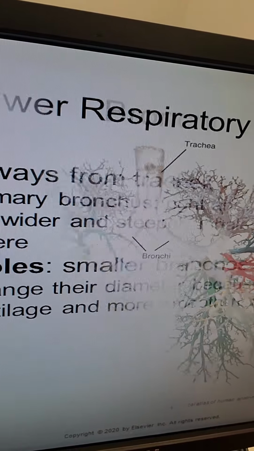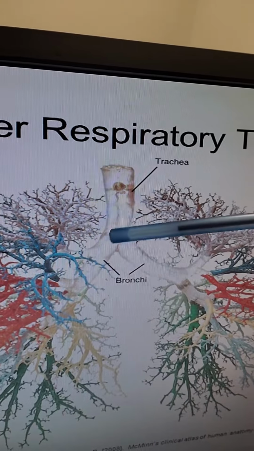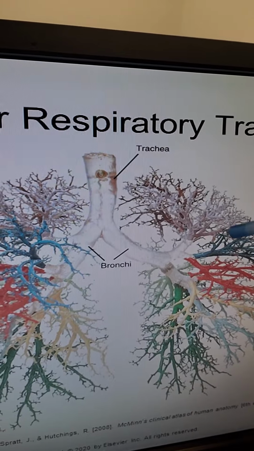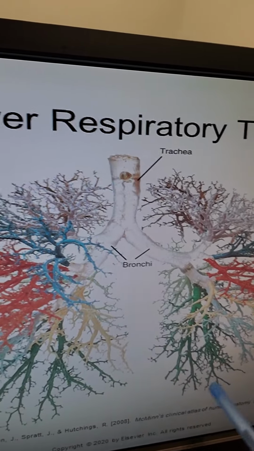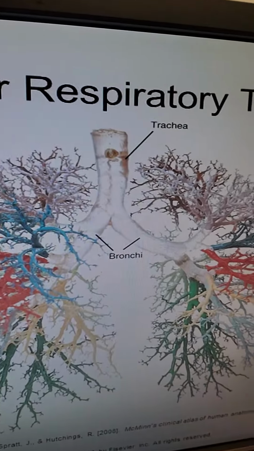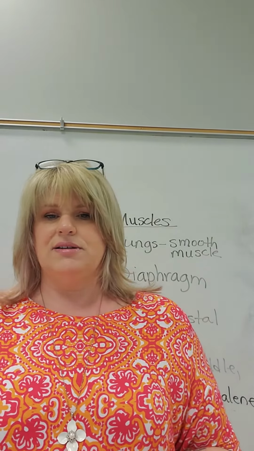Let me go back to lower. Here's the trachea, the primary bronchi, and then we get smaller and smaller and smaller till we get to these little alveoli and capillaries. Pretty cool, right? Looks like a little tree. So that's how the whole thing works.